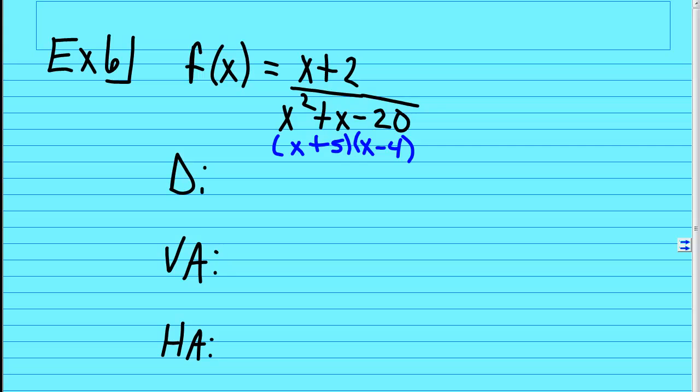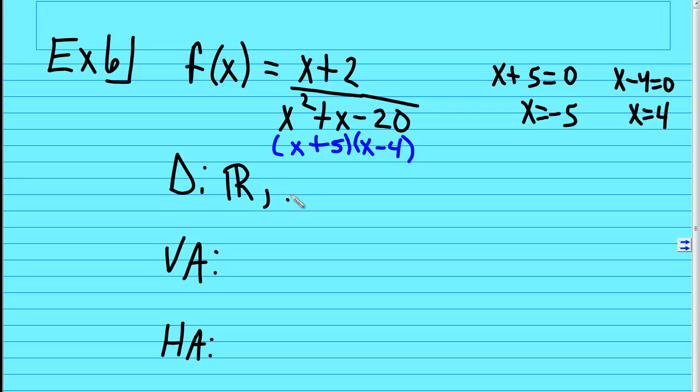Example 6. It's important to factor the denominator because we need to set each factor equal to 0 to find what makes this equal to 0. X is equal to -5 and x is equal to 4. The domain is all real numbers except when x is equal to -5 and when x is equal to 4.